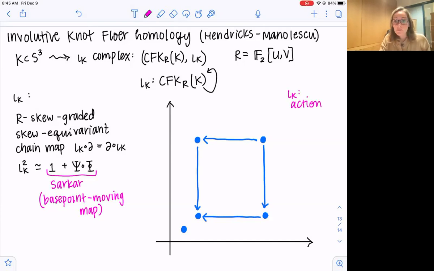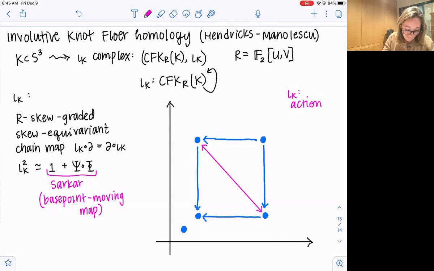Away from the line of symmetry in the plane, the involution typically acts as one would expect, in that it swaps the obvious generators of opposite grading, and when you square it, it is an involution exactly. But on the line of symmetry in the plane, some interesting things can happen.